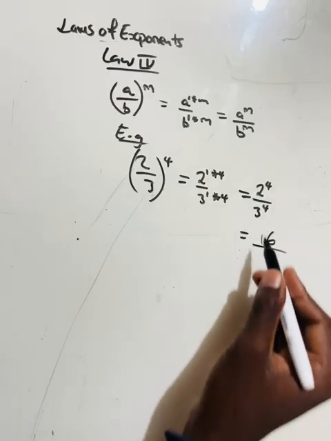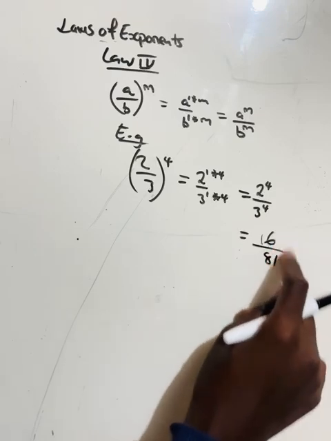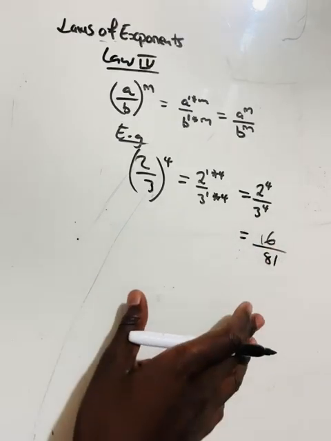I'm correct. And 3 to the power 4: 3, 9, 27, 81. So I've got 16 over 81 as our final answer.